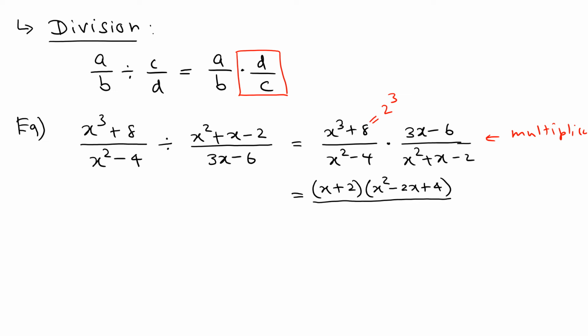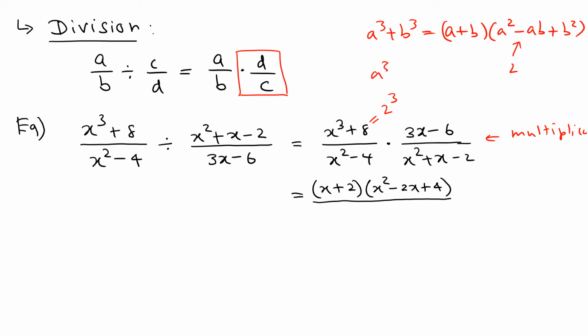We know that if we have a cubed plus b cubed, it is equal to a plus b times a squared, the opposite sign of the product, plus b squared. So there's no 2 here. And a similar one works for a minus b.